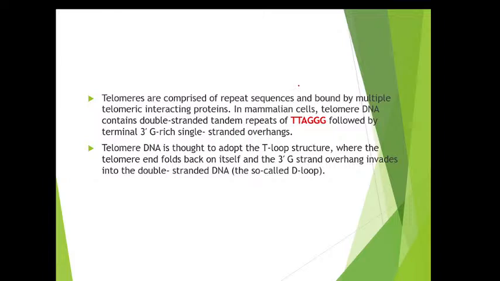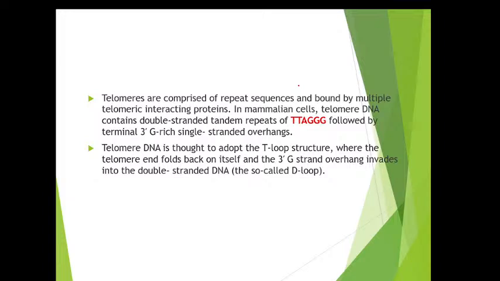If you have a string of beads, it's easy to remove the bead at the tip of the string, but it is difficult to remove the bead from the center of the string. These telomeres are actually the beads at the end of the string, so they are very susceptible to wear and tear when a cell undergoes division.